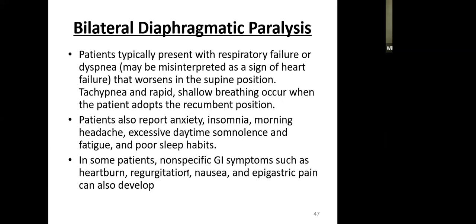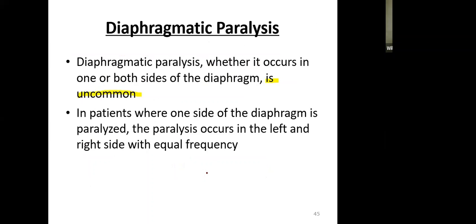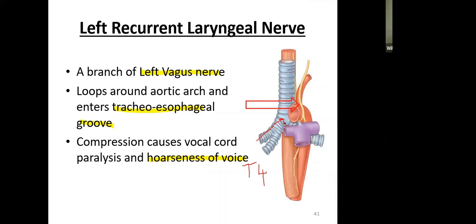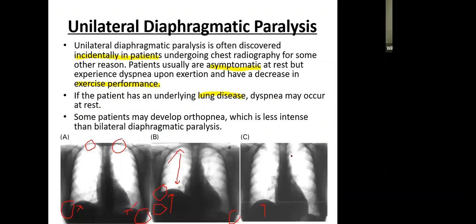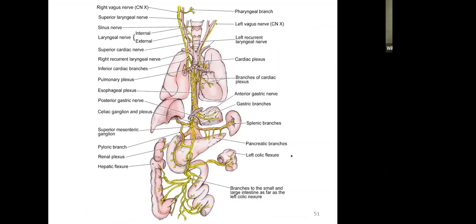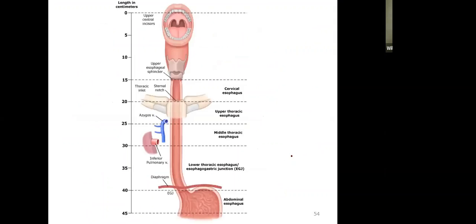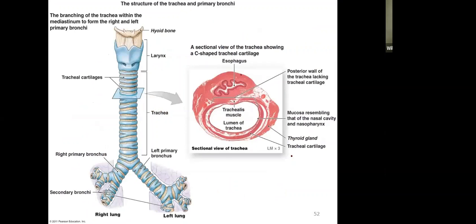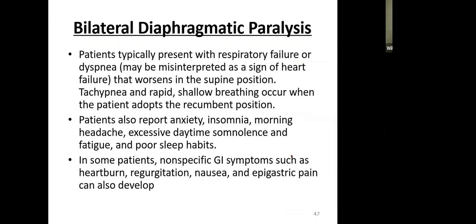Some patients get non-specific GI symptoms such as heartburn, regurgitation, nausea, and epigastric pain. And that is all to do with this close relationship of the esophagus on the posterior aspect, all at the level of T4. So I'm going to just go through the vagus with you, and then we shall finish off for the day.